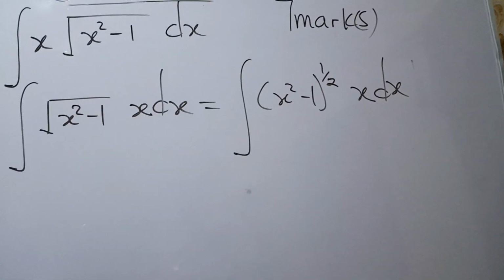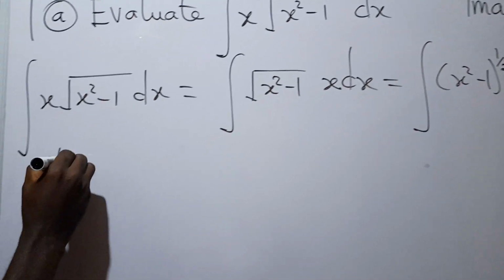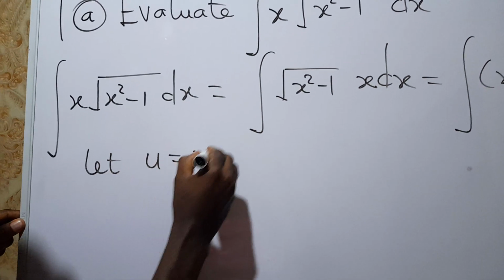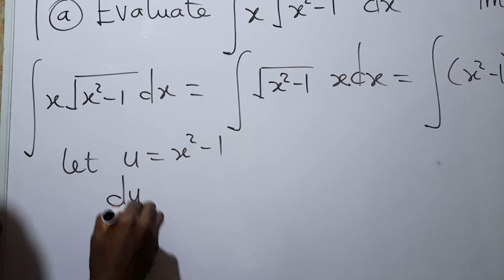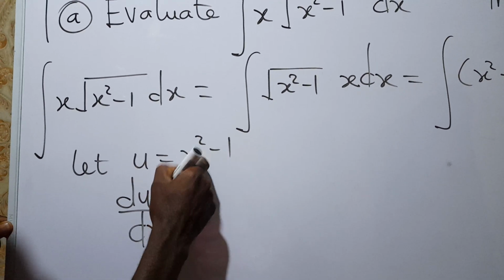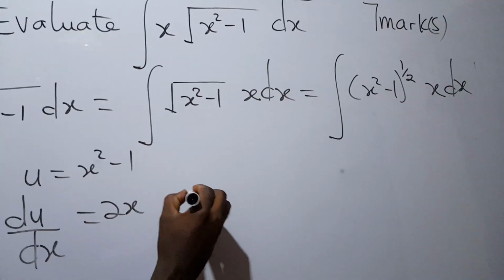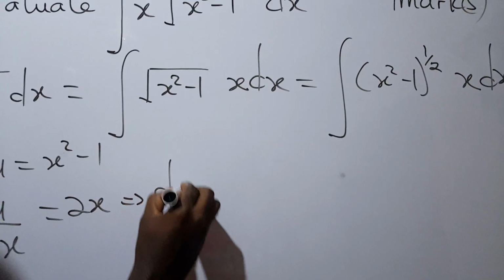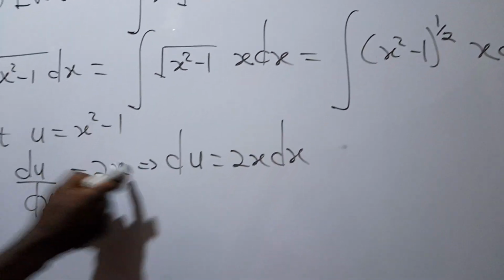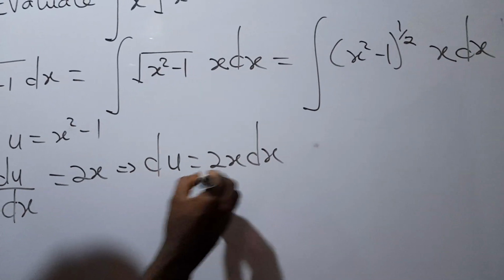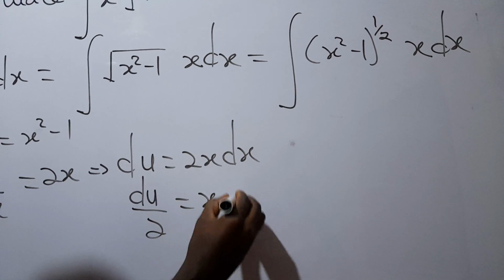You know, the square root of any number is that number exponent half. So now let u be equal to x squared minus 1. Then our du over dx will be equal to 2x. So we can say that du is equal to 2x dx. That's multiplying both sides by dx. Then we can divide both sides by 2. Our du over 2 will be equal to x dx.